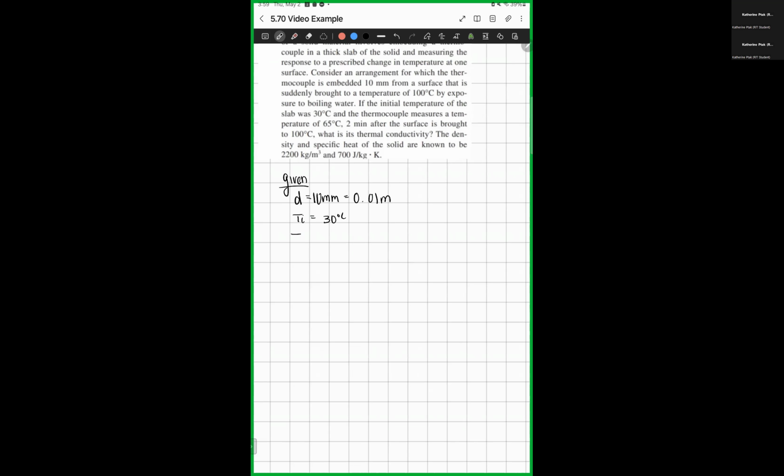We know T2 equals 100 degrees Celsius. We know the density equals 2,200 kilograms per meter cubed. We know the specific heat capacity equals 700 joules per kilogram Kelvin.